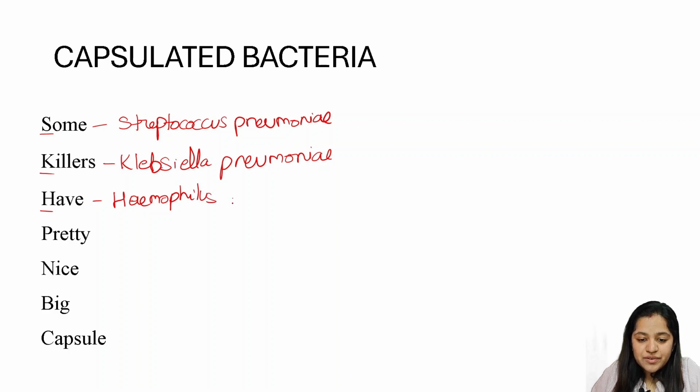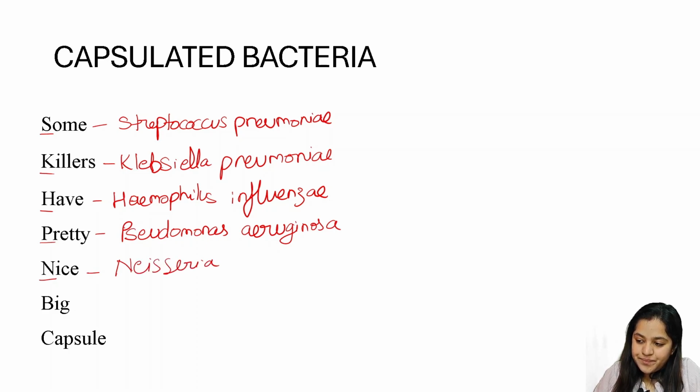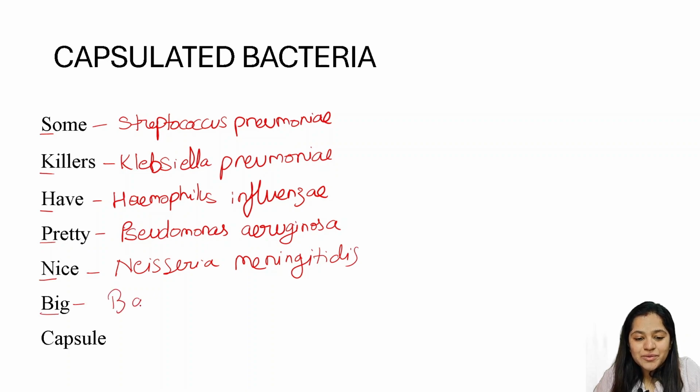H for your Haemophilus influenzae. Clear? P stands for your Pseudomonas aeruginosa. Okay. N stands for your Neisseria meningitidis, also known as meningococcus. B stands for the one which we saw just now, Bacillus anthracis.